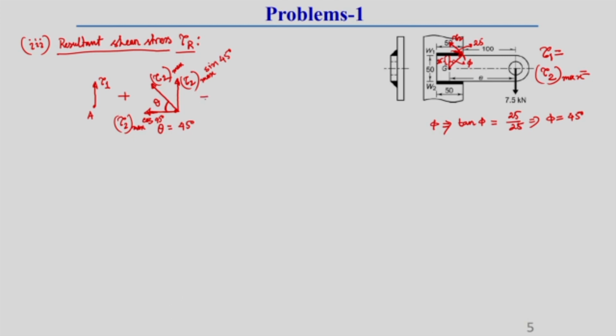So, from here we sum the vertical component of tau 1 and tau 2 max, and the horizontal component separately.